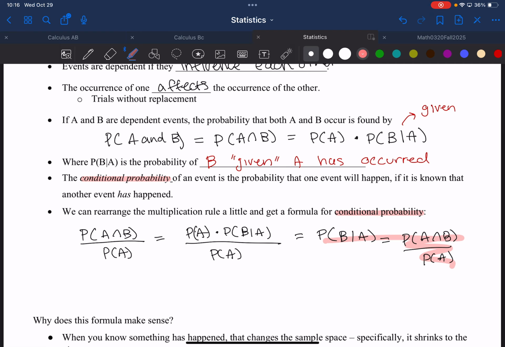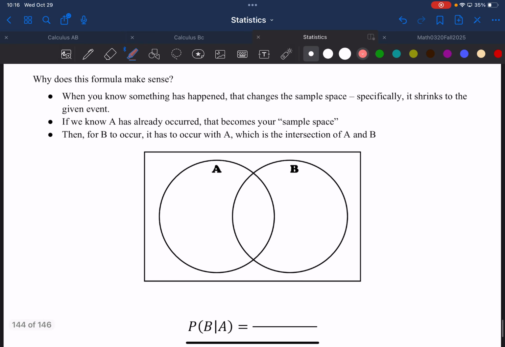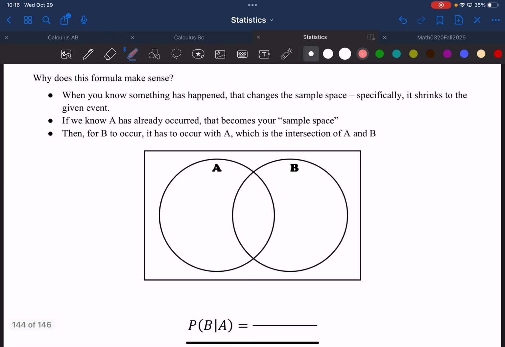The next part is, let's see how this makes sense in terms of the Venn diagram. I know a lot of you struggled a bit on the Venn diagram notes. I just want you to know that you're never going to be asked to draw a Venn diagram. You're not going to really be asked to fill in a Venn diagram. It's more of, can you look at one that already has data in it and make an interpretation from it?